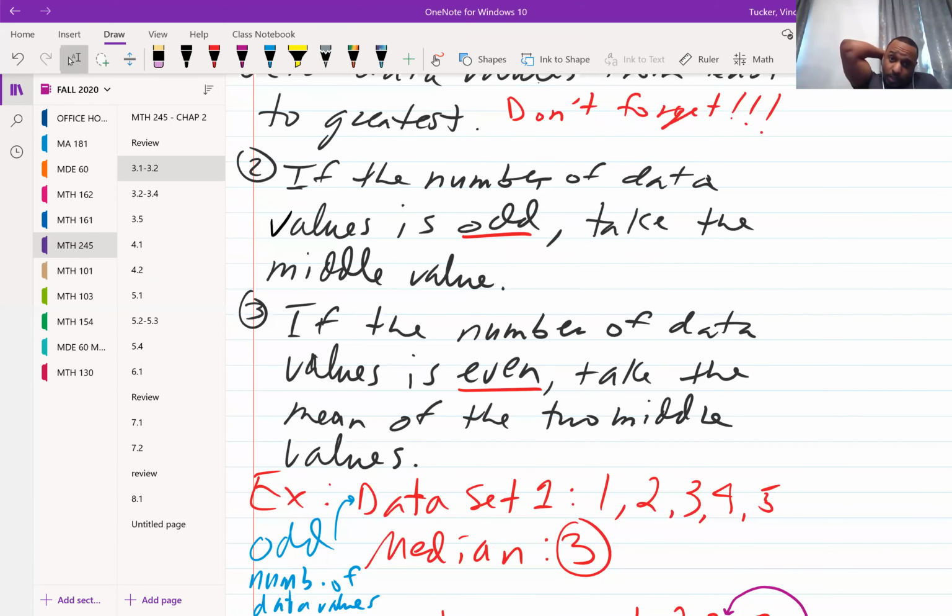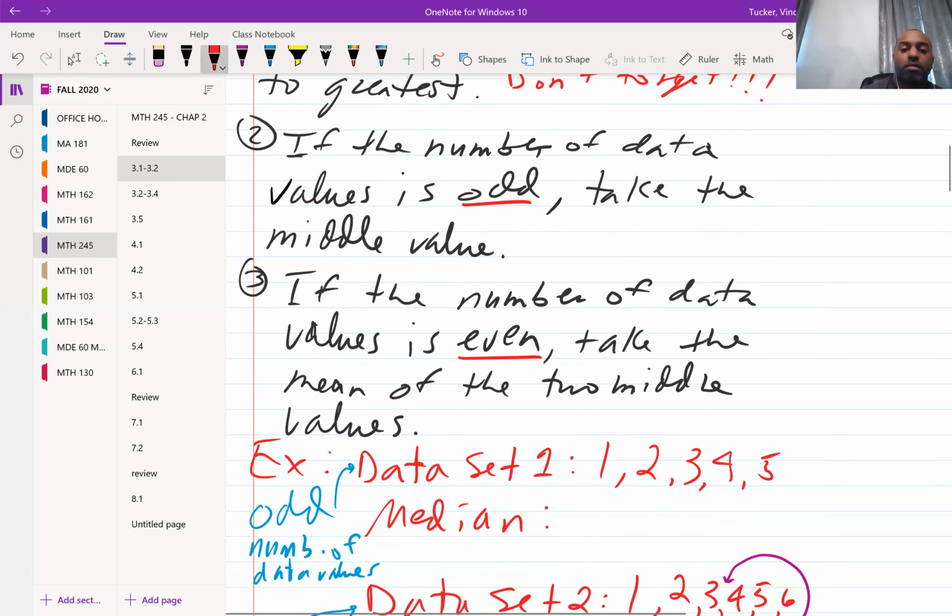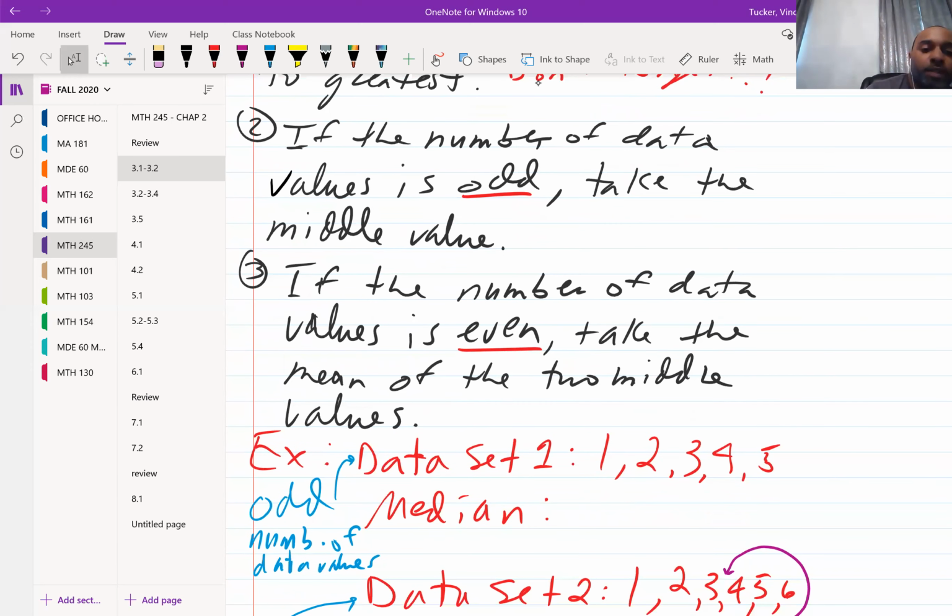So let's look at that first scenario, and we'll do a small data set, so we make sure we have a good understanding of what's going on. Let's look at this first data set. If I have the data set of 1, 2, 3, 4, 5, I have an odd number of data values.